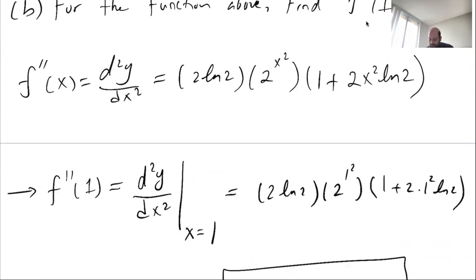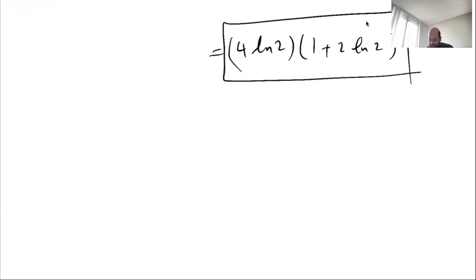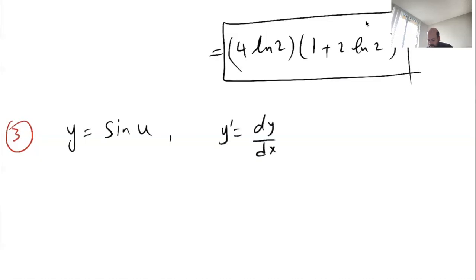Now third one, let's say for trigonometric. Let's say y equals sine u. Then let's say you want to find y prime equals dy over dx. Again, you can guess what the answer should be, right?